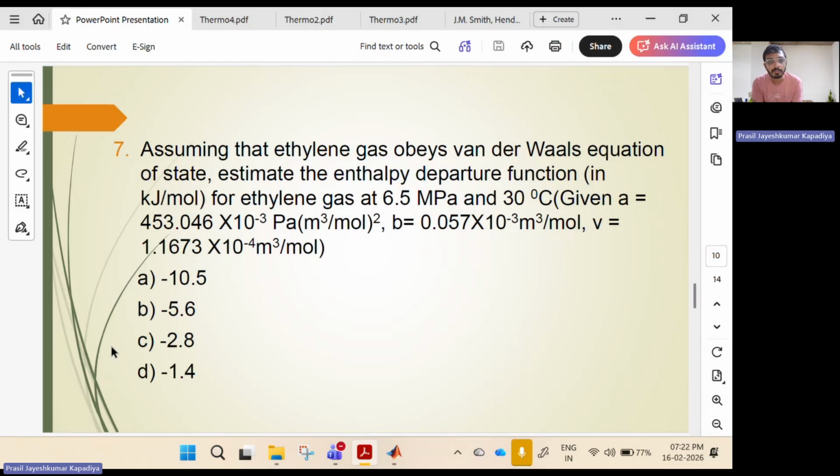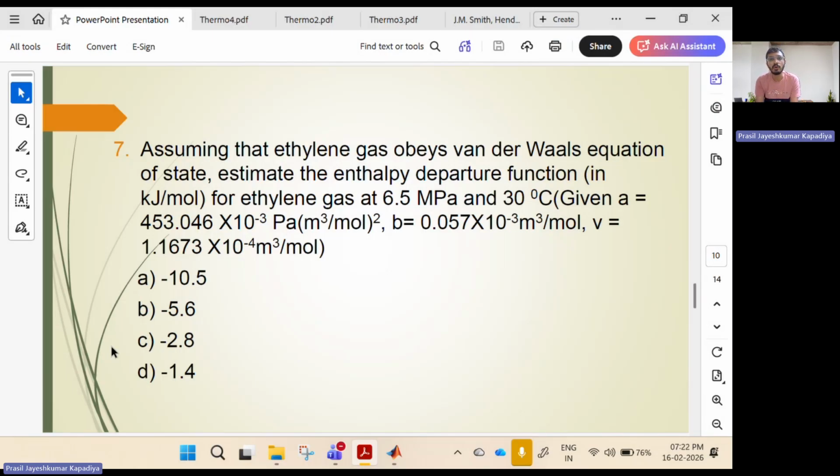Now let's move ahead. Assuming that ethylene gas obeys the van der Waals equation of state, meaning it follows P plus a by V square, times V minus b, equal to RT, where V is the molar volume. We are supposed to estimate the enthalpy departure function in kilojoules per mole for ethylene gas at 6.5 megapascal pressure and 30°C.